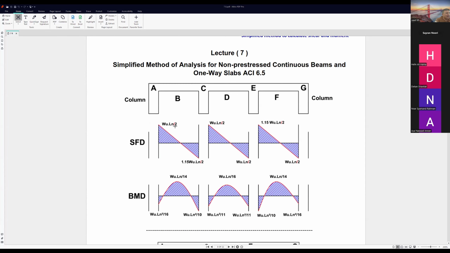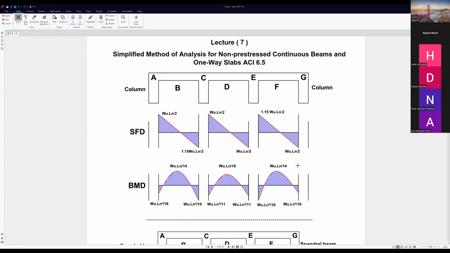WuLn over 2, here will be 1.15 WuLn over 2, here WuLn over 2, WuLn over 2, 1.15 WuLn over 2. This means that the exterior spans are 1.15, while the interior spans are WuLn over 2, and the exterior also WuLn over 2.